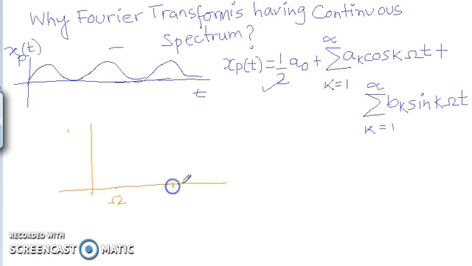Next, that part will be twice omega. The next component will be 3 omega. These are the frequency, and this will be the magnitude.